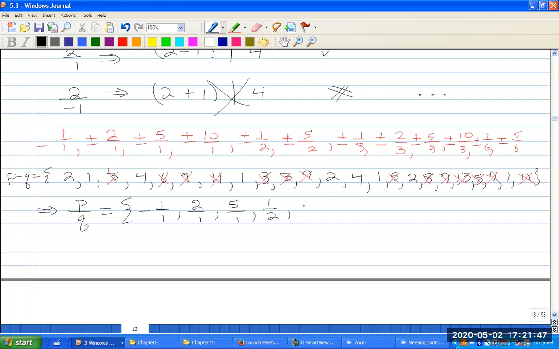And all the thirds, so plus or minus 1/3 works. The plus 2/3 works, and the plus 5/6 works. So I've gone down to 1, 2, 3, 4, 5, 6, 7, 8 numbers. Now I just have 8 possibilities to look at.